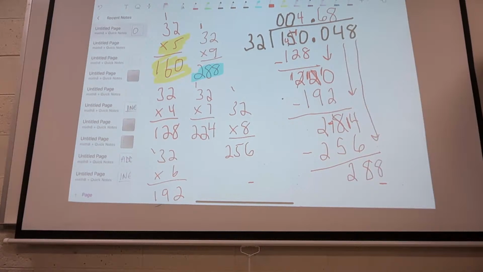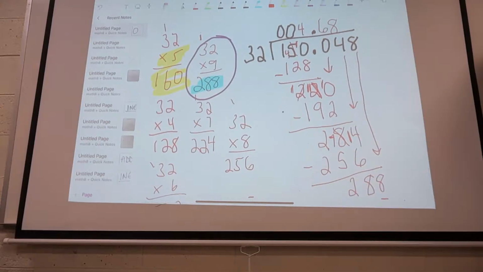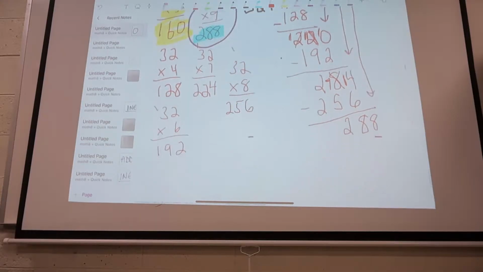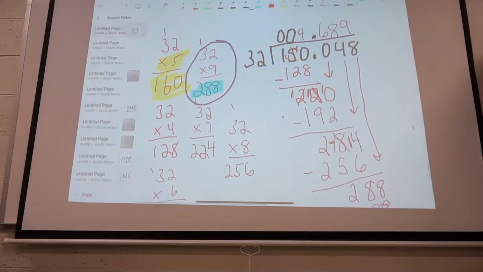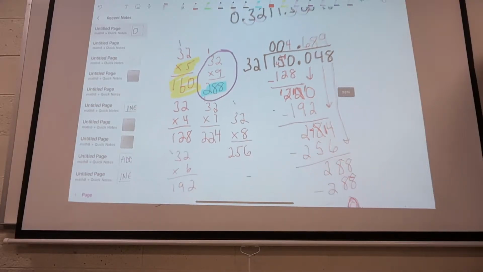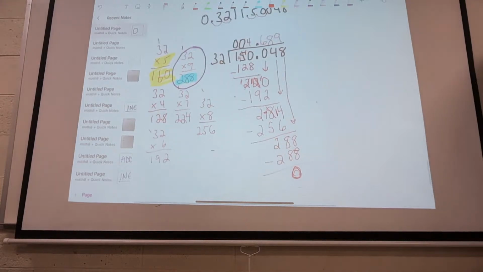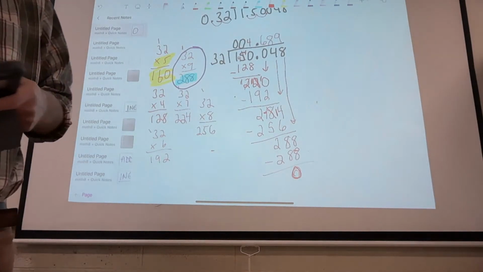So 288, and look what we got over here. That would be 9. 32 times 9 is 288. And we get our 0. So the answer is 4.689. Like I said, that was a long one. 4.689.